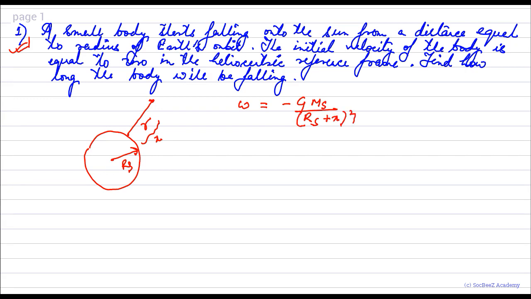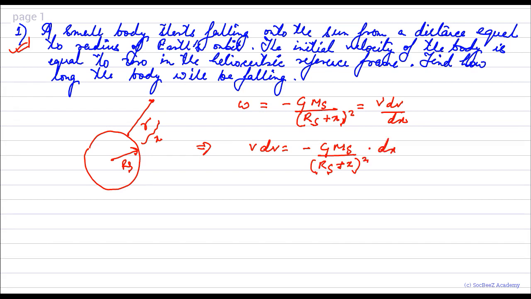Now this omega can also be written as v dv upon dx. So this can further be written as v dv equals minus G Ms upon (Rs plus x) square into dx.